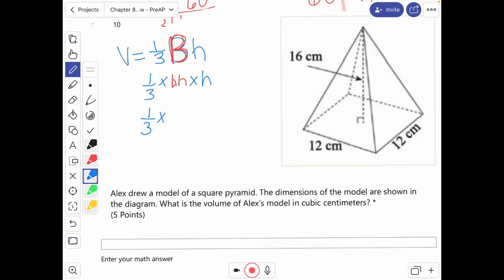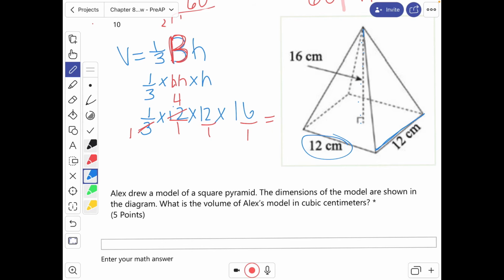Now let's plug in some numbers. 1/3 times the base is 12, and the height of the base is also 12, and then the height of the pyramid is 16. We can use simplification. We can simplify the 3 with one of the 12s. 3 divided by 3 is 1, and 12 divided by 3 is 4.